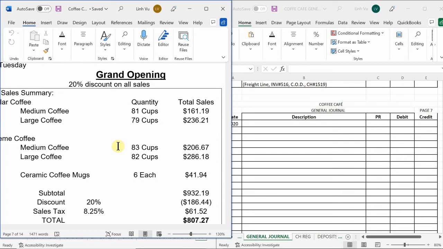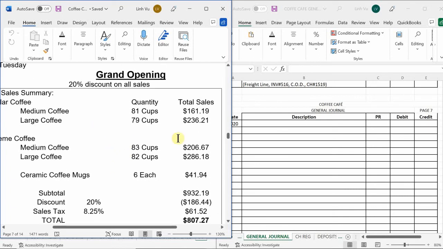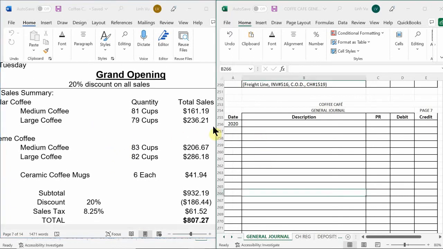And this time we got to also sell some ceramic coffee mugs. Grand total is $932.19 minus the discount plus the tax of $61.52. Grand total was $807.27. And of course, we're going to also make sure that we deposit all the money to the checking account.